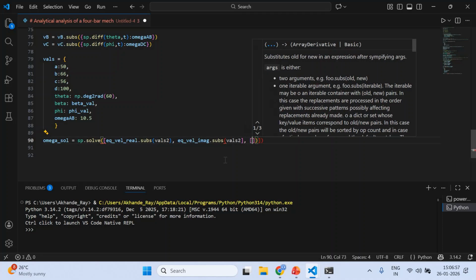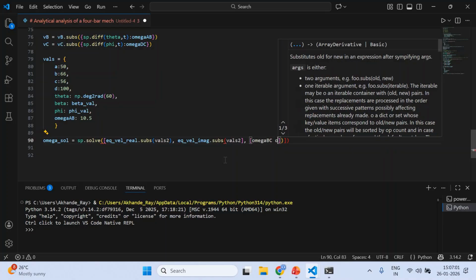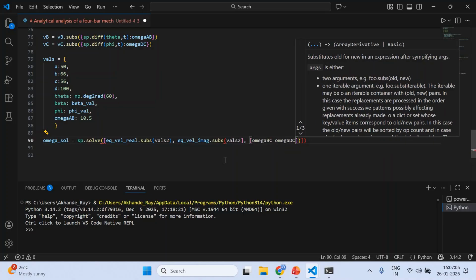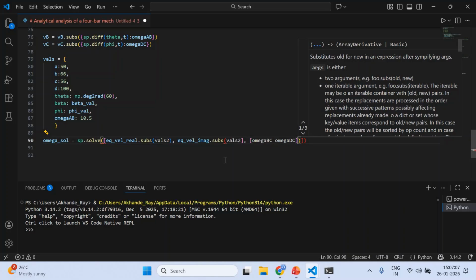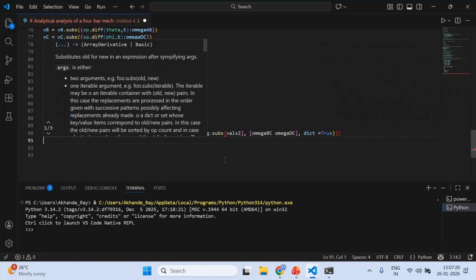Finally, we are calculating omega BC and DC. It is obvious that omega AB is provided to us in the problem. So we are simply calculating omega BC and omega DC, and then finally we will store this into dictionary form. So tick equal to true. So here our equation is complete.